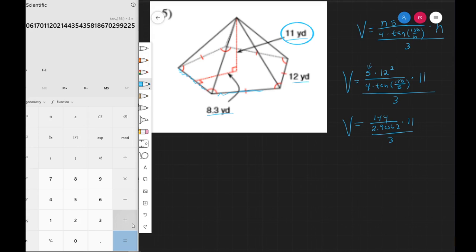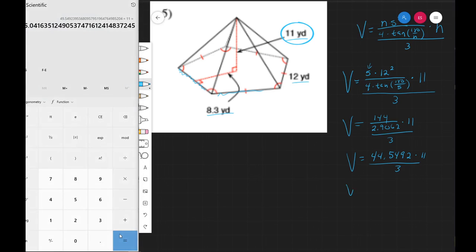Now let's see if we can figure out what just this part is. 144 divided by 2.9062 equals 44.5492, times 11 divided by 3. So now I'm going to multiply this number times 11.